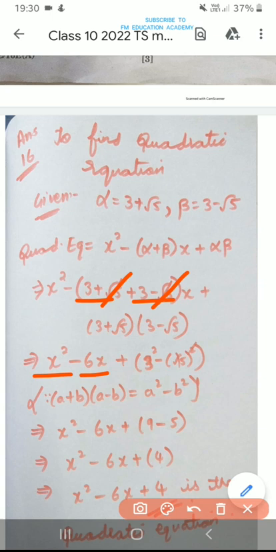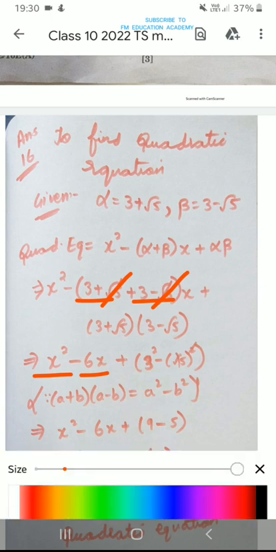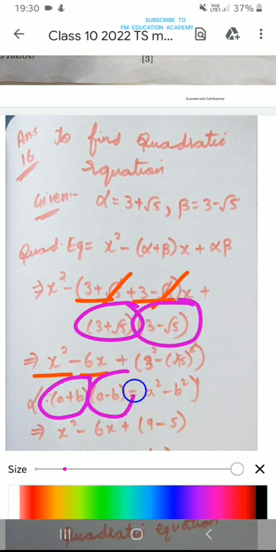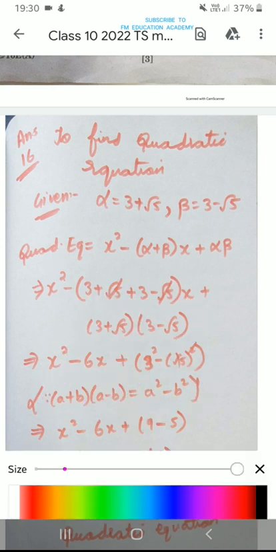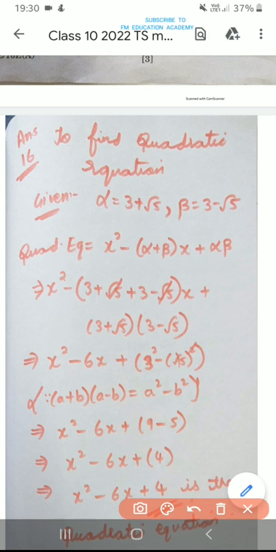So x square minus 6x plus, observe this, how 3 plus root 5 into 3 minus root 5 is of the form a plus b into a minus b. a is 3 here and b is root 5 if you compare. So write it in the form of a square minus b square. a square here means 3 square minus b square. b means root 5, whole square means square you should write.